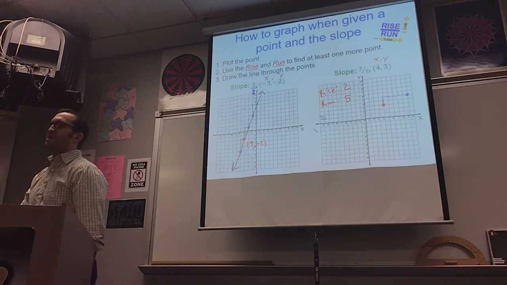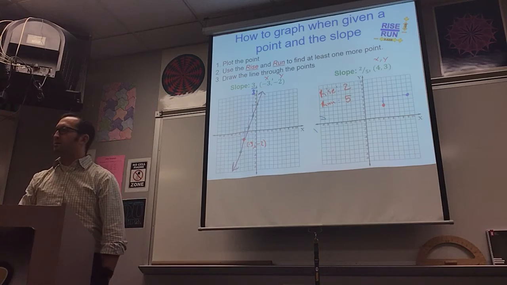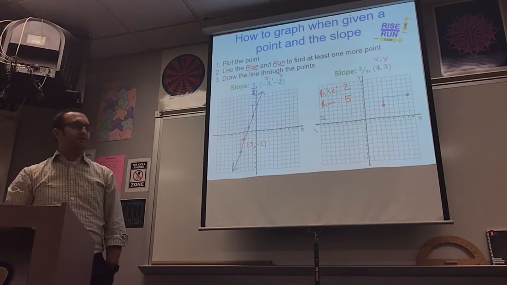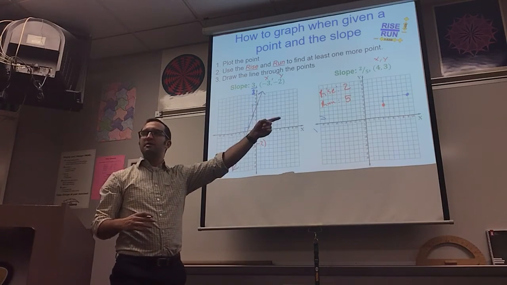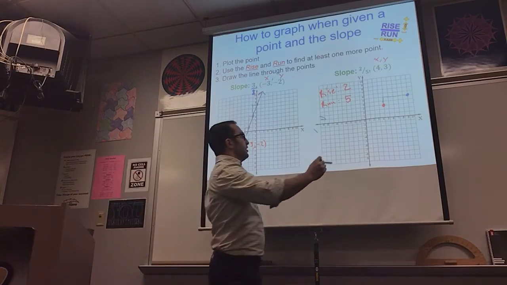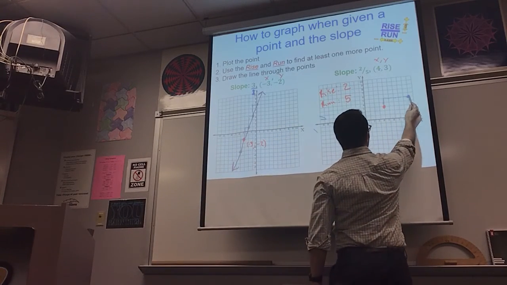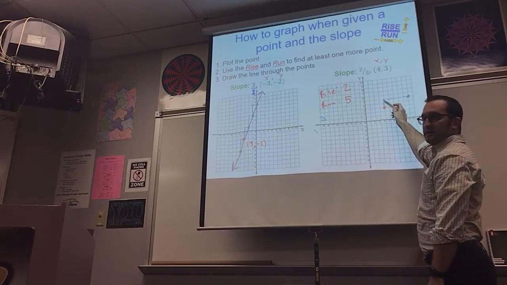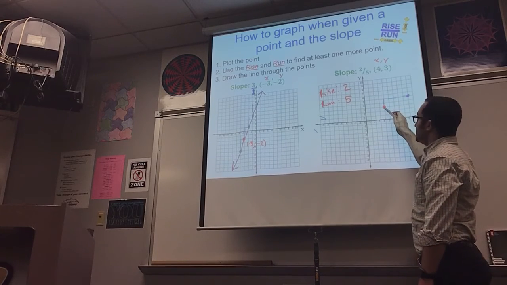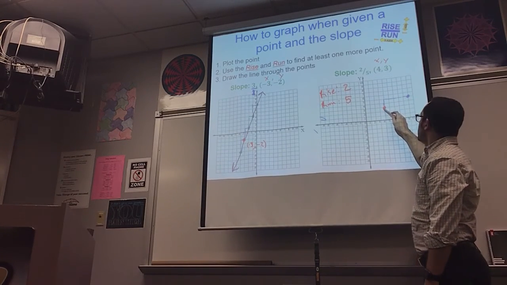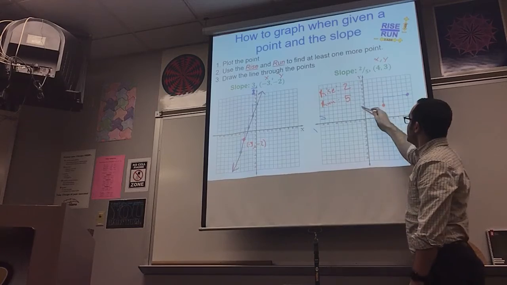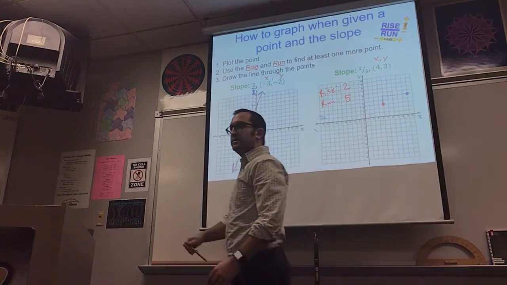So why do you think I taught you how to go backwards with the slope as well? I ran out of room going to the right, so now I need to go to the left. I went up 2 to the right 5, so now I need to go left 5 and down 2. So how do I get my other point? Left 5 and down 2. And that's fine.